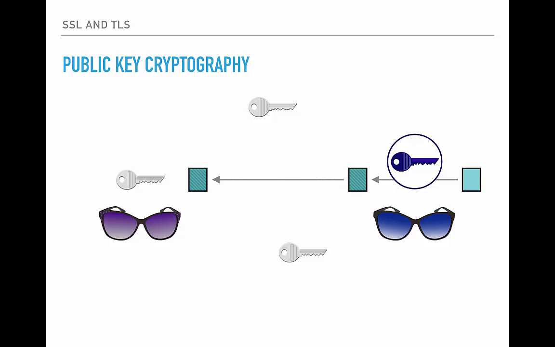Since Violet has Mr. Blue's public key, she can decrypt the message and read it. However, Violet is not the only one with Mr. Blue's public key. The key is public, so everyone who wants can access it. Therefore, it's not only Violet who can decrypt the message, but really anyone who wants to can get the public key and decrypt the message.